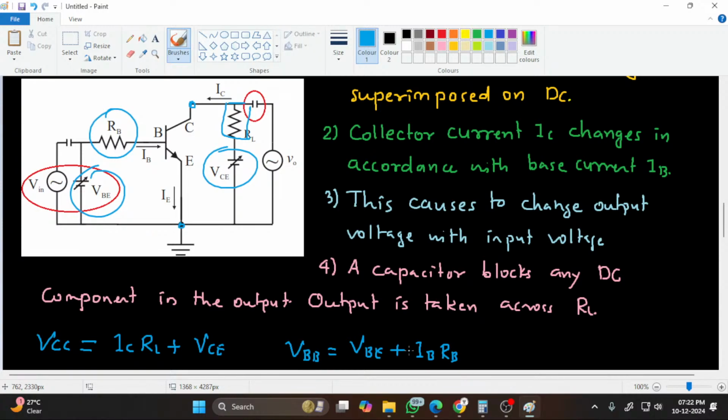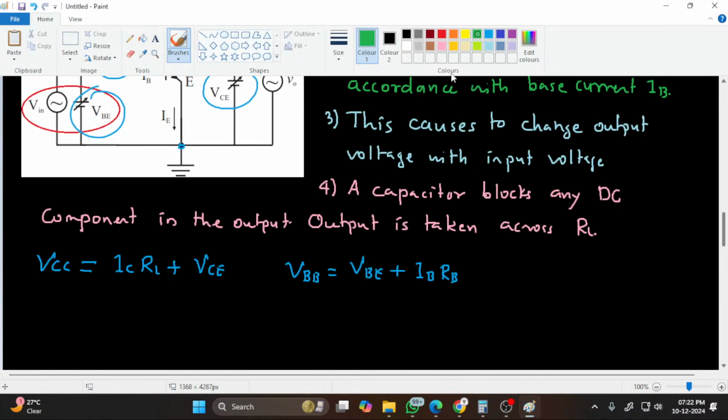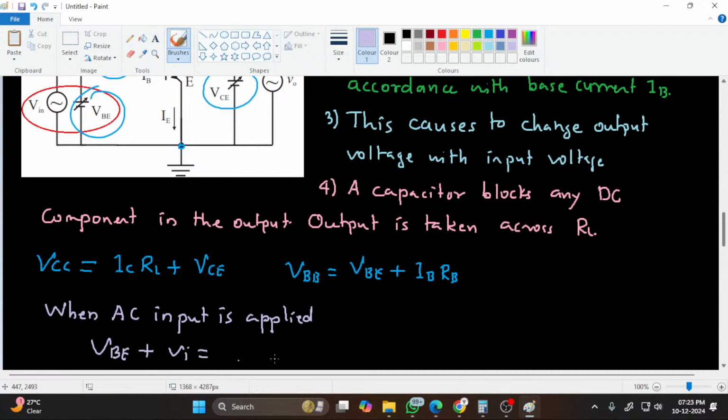When some AC signal is applied, VI is not 0, and then we can write, when AC input is applied, we have VBE plus VI, small input, that is equal to small VBE, that is AC VBE, plus IBRB plus delta IB, change in IB, in bracket RB plus RI.